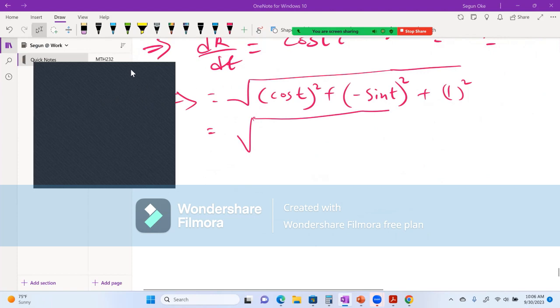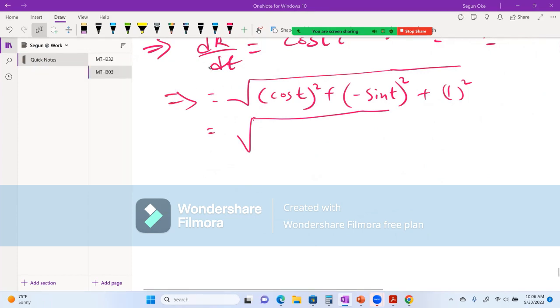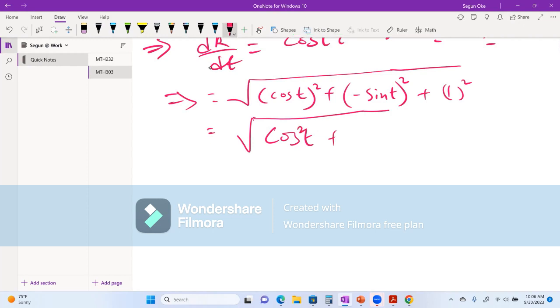Okay, so we have it to be cos square t plus negative times negative will be positive, sine square t plus 1.